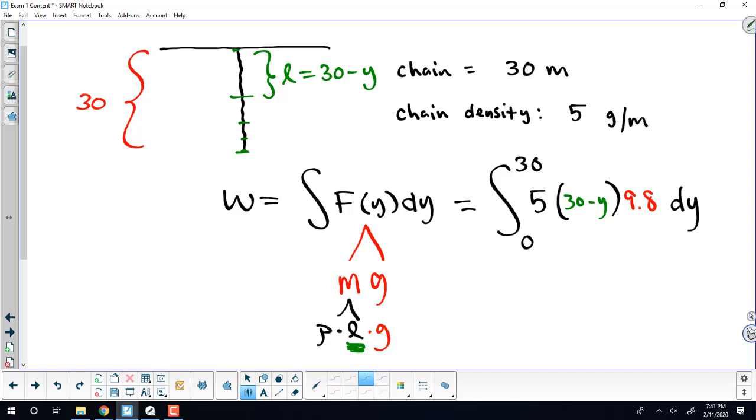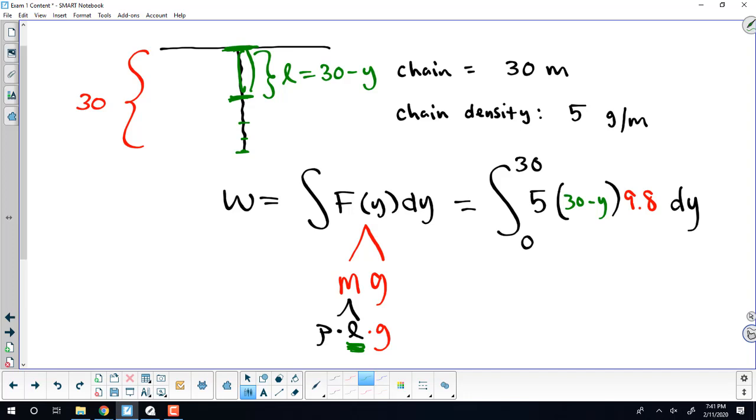Let's say in this problem, for some reason you were lifting the chain halfway up, so the bottom of the chain would be at 15 feet. What would your limits of integration be for that scenario? We're just going to lift half of it. Yes, so our limits of integration would go from 15 to 30, because we're just going to lift this first half. The limits of integration for these kinds of problems should always be the area that you're lifting.